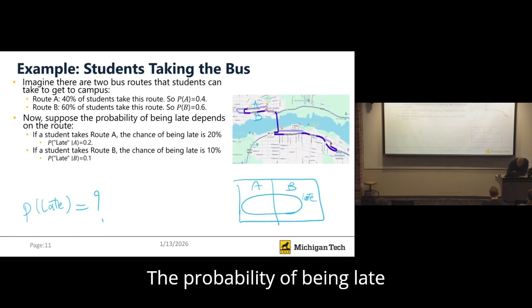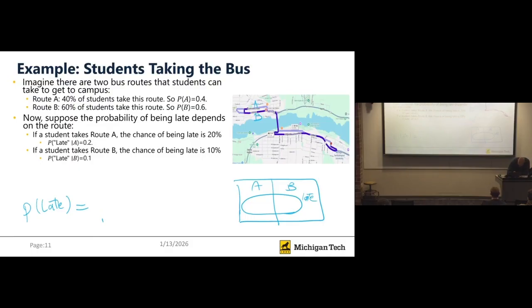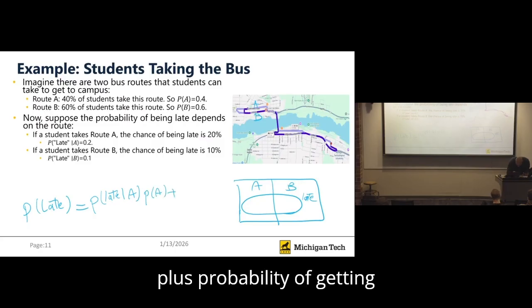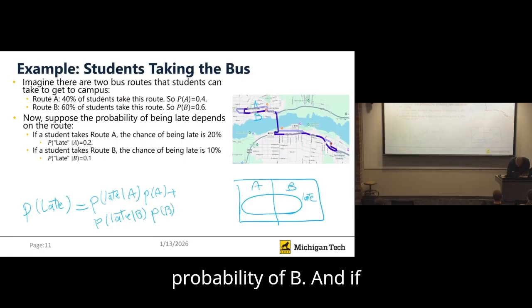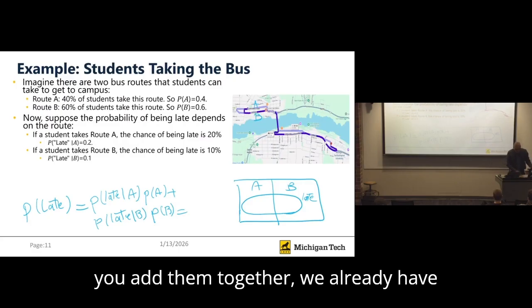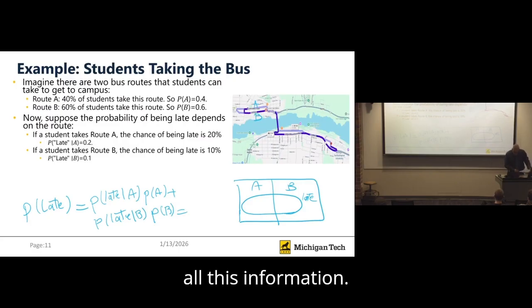So the probability of being late can be written as the probability of getting late using A times probability of A, plus the probability of getting late using B times probability of B. And we already have all this information.